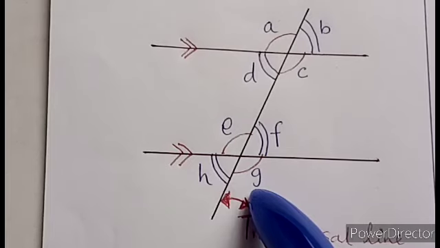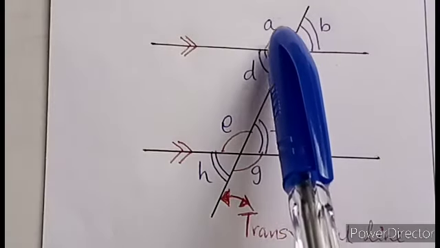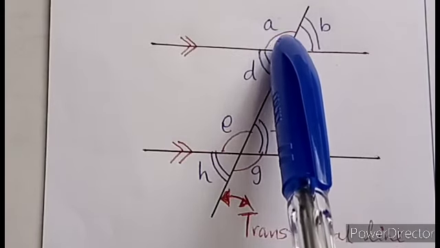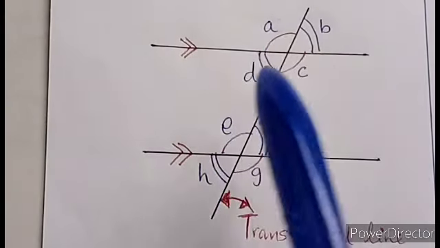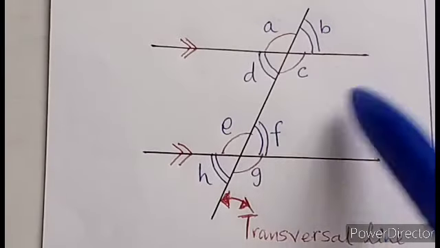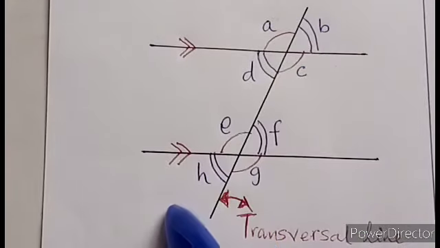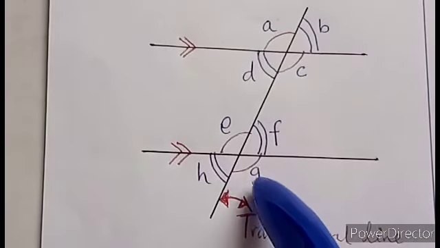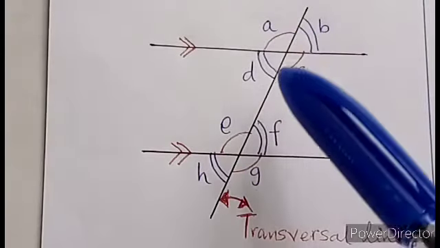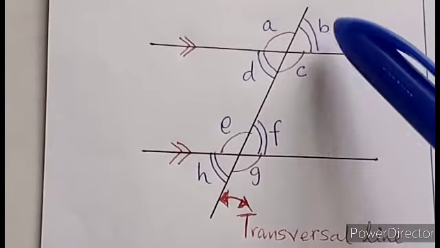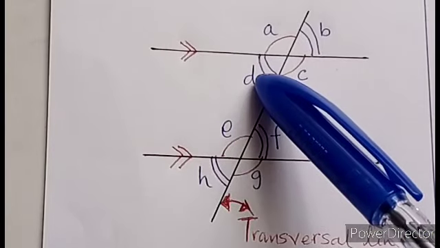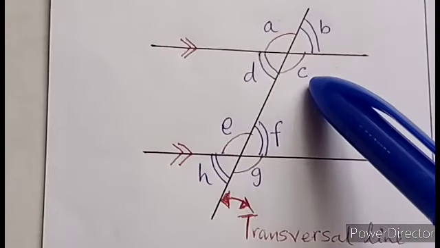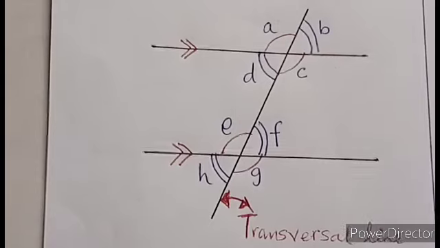Those angles that are together are equal to themselves. And you can also look at it like this, that this angle is upper left, this upper left, upper right, lower left, lower right. So A is equal to E, B is equal to F, D is equal to H, and C is equal to G, and they are corresponding.